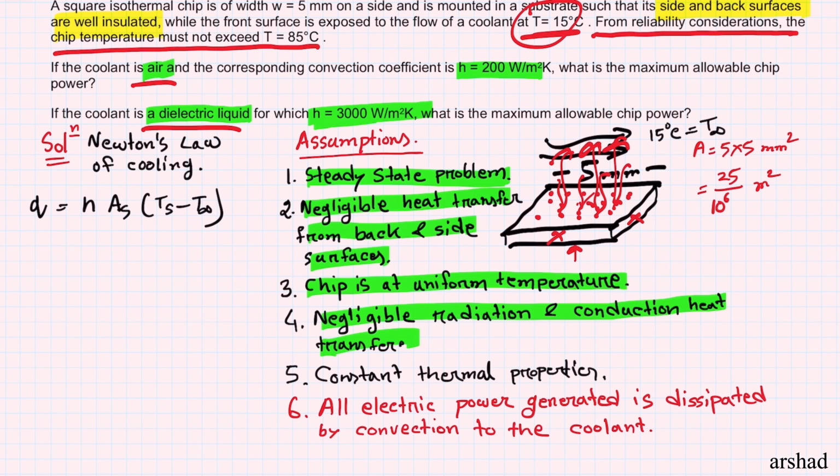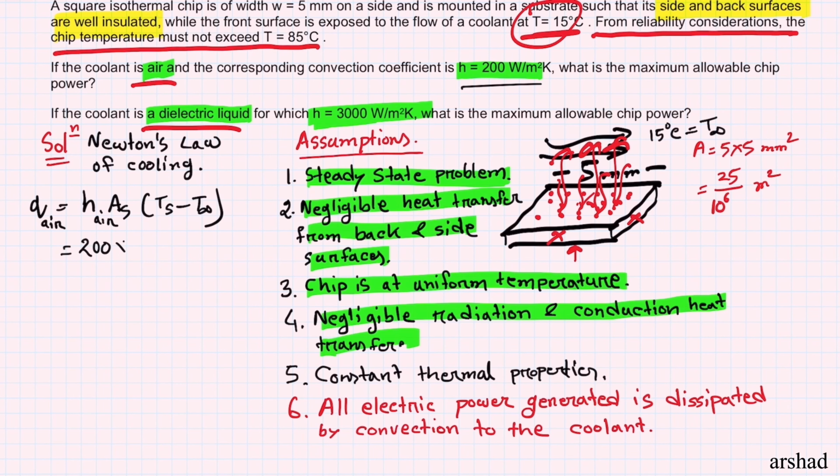And since all other surfaces except the top are exchanging heat with the coolant, we know that the top surface has to be at 85. So after knowing this, we can write the values in this equation. But before doing that, ideally I should put a subscript, because this is for air, so I'm writing h air, which is 200.